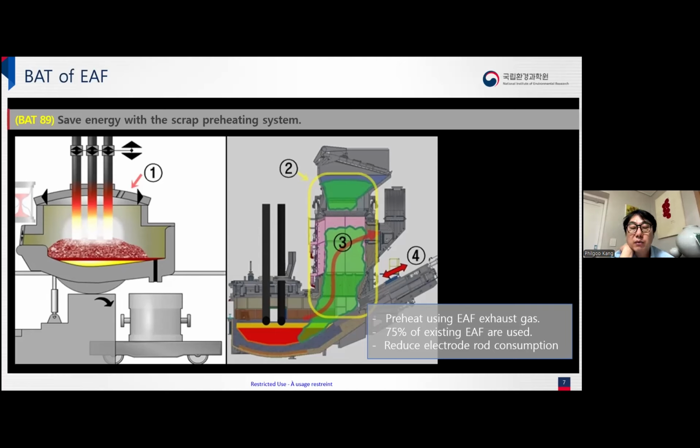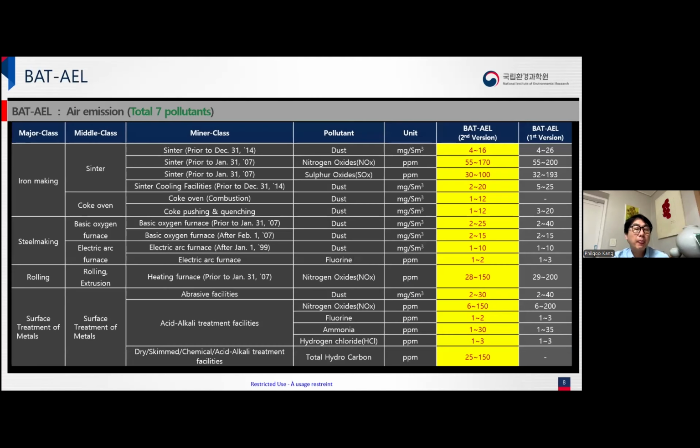Exhaust gas from the electric arc passes through the shaft and preheats the scrap metal with the waste heat from the electric arc. 75% of the existing exhaust gas emission is used to preheat. In this way, the use of electrodes can be reduced. Next, please.